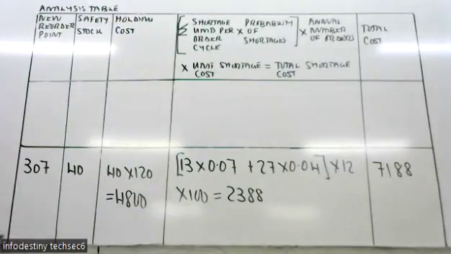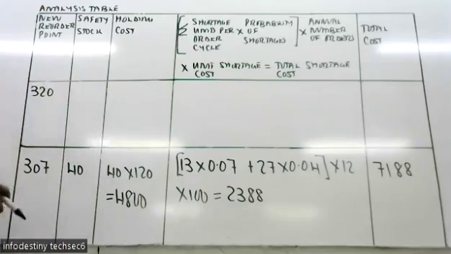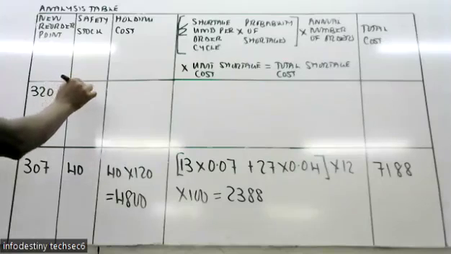So after 307, 320. So 320 will bring a safety of 53.